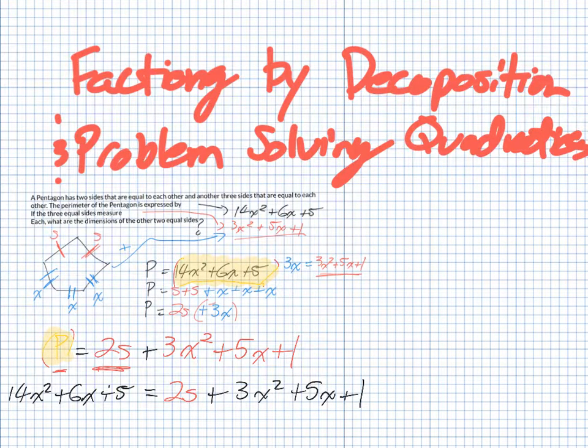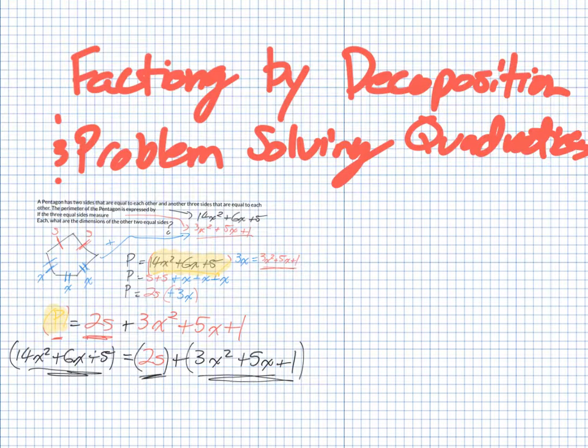Let's put these in brackets. Now, we don't technically have to, but think of it like the 2s is representing those two unknown sides. This set of brackets here is representing those three sides we know, and this is representing the whole perimeter.